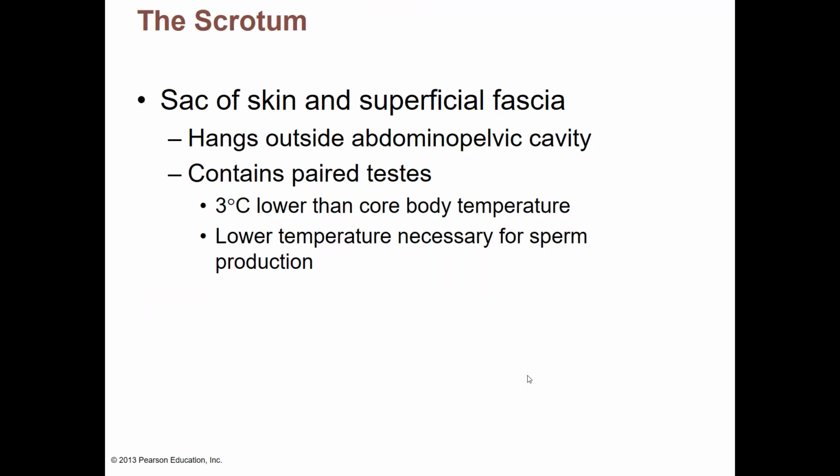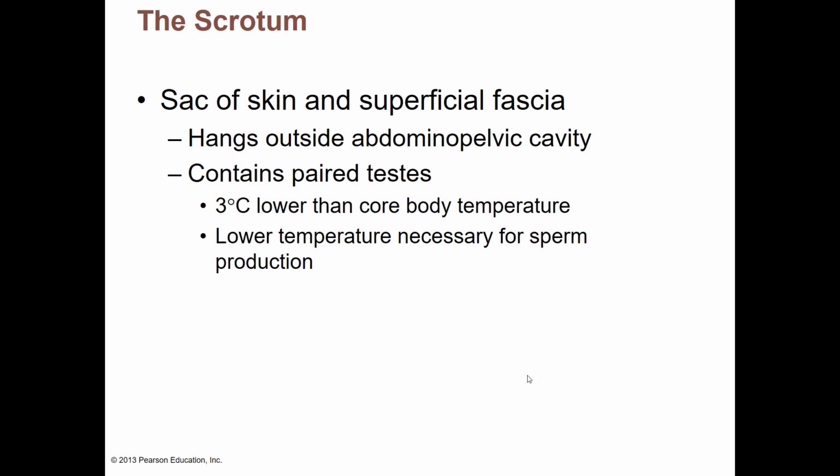Inside you have the testes, and the testes produce sperm at 3 degrees Celsius lower than core body temperature, or about 5 degrees Fahrenheit lower. We don't want them housed inside the abdominal pelvic cavity, or it would be too warm for them.